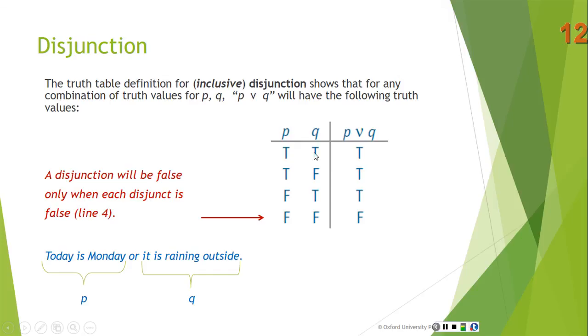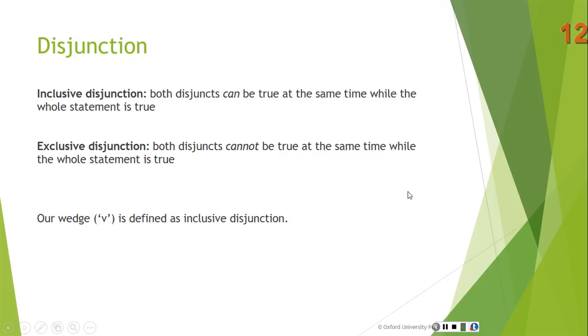The exclusive disjunction says that both disjuncts cannot be true at the same time. So this says if both are true, the whole thing comes out false. Our logical operator wedge is defined as an inclusive disjunction.